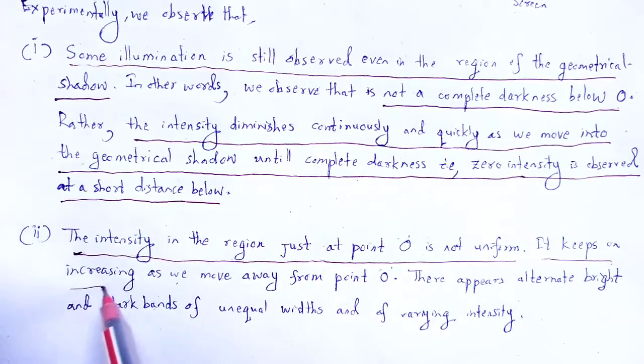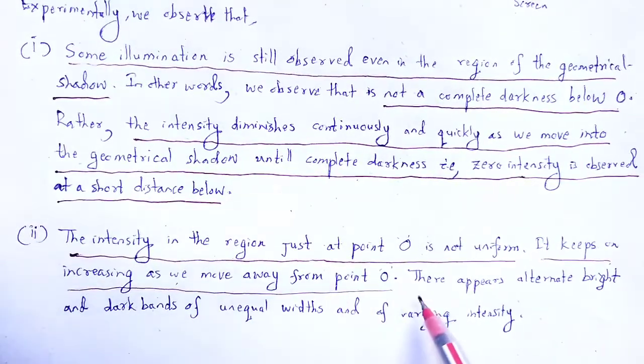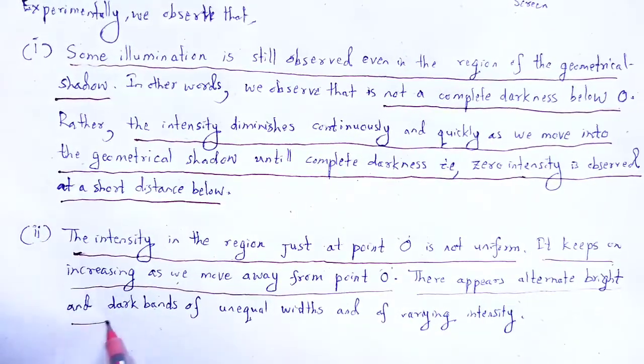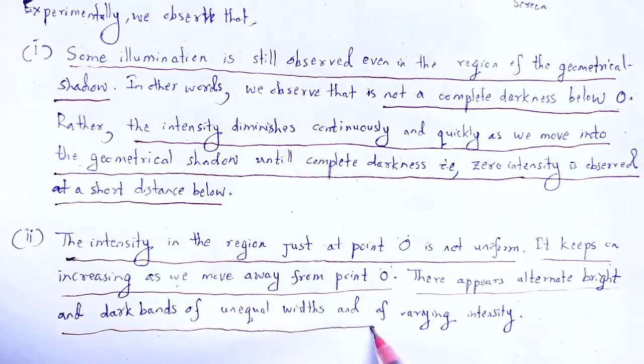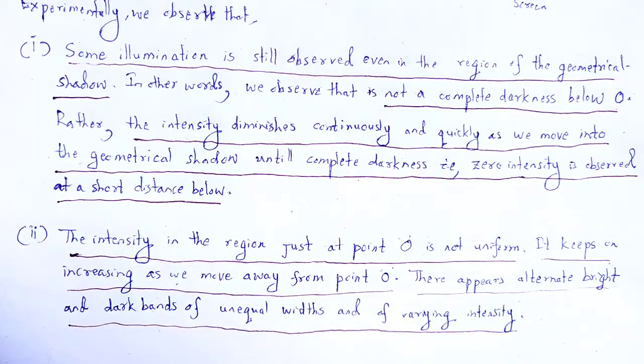It keeps on increasing as we move away from the point O. There appear alternate bright and dark bands of unequal widths and of varying intensity.